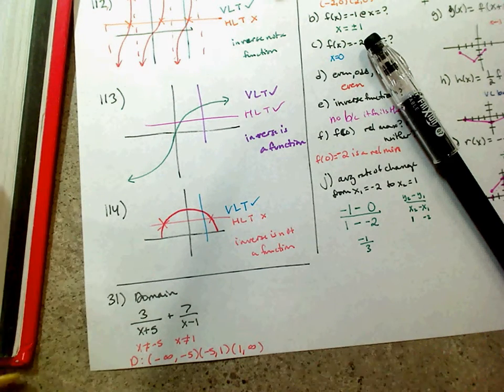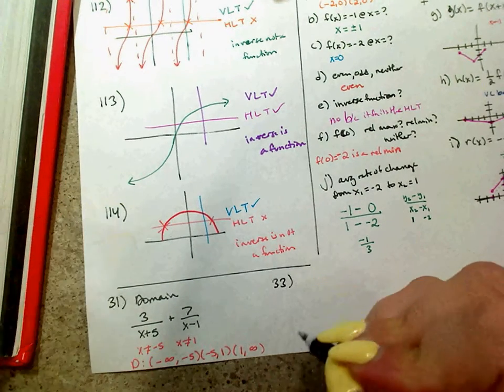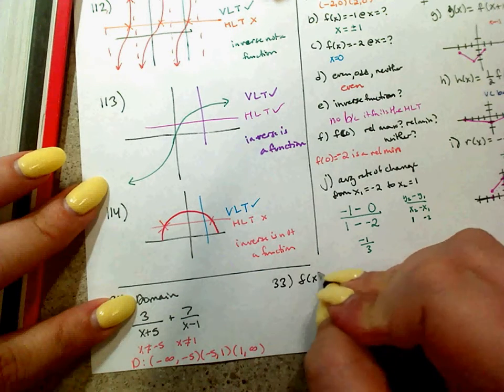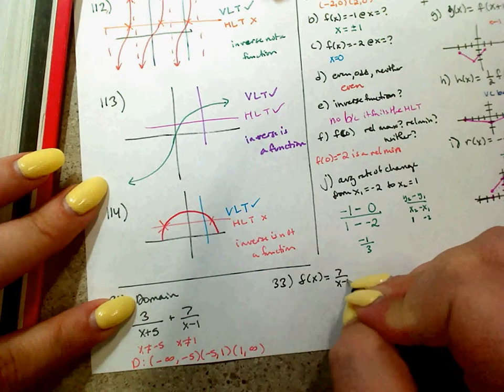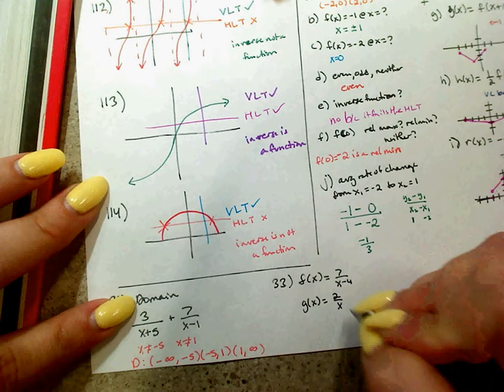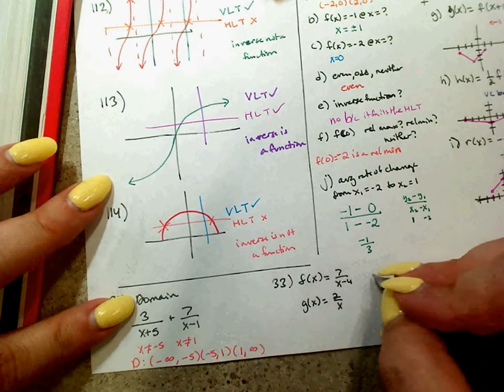Number 33 is if f of x equals 7 over x minus 4 and g of x equals 2 over x, find f of g of x and the domain of f of g. So f of g of x and domain.